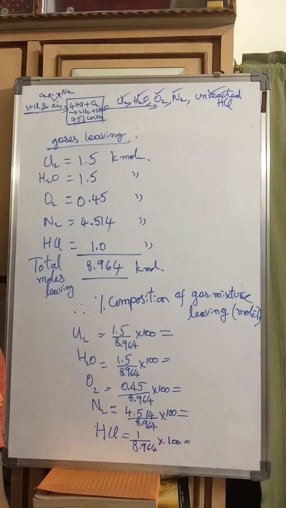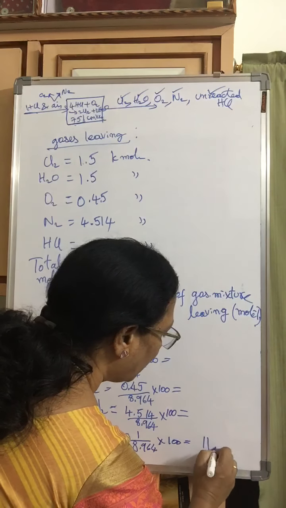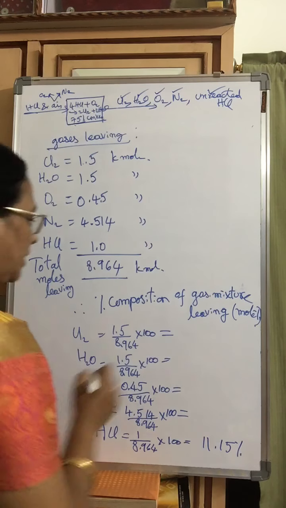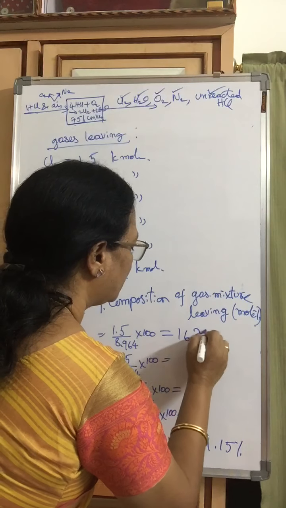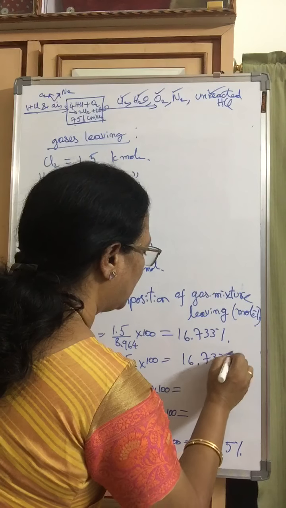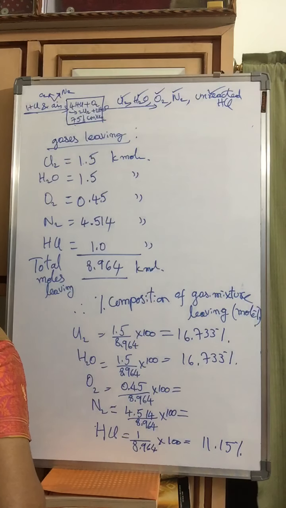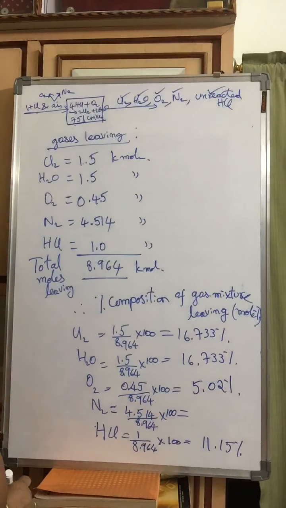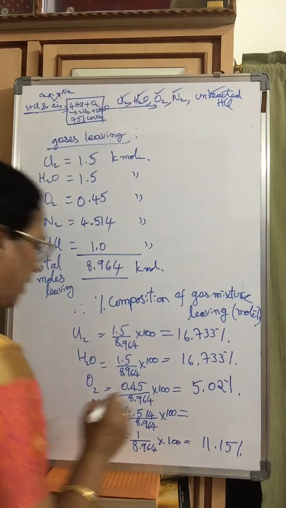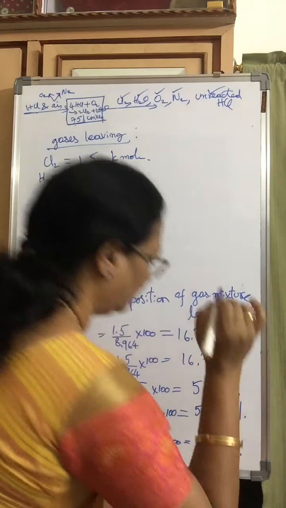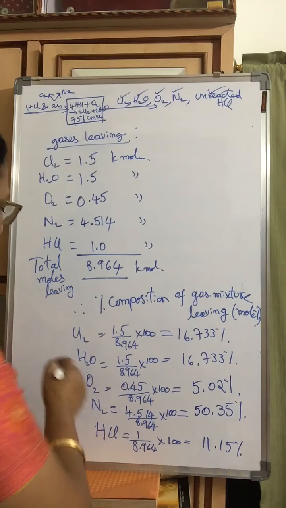That is HCl 11.15%, chlorine 16.733%, water also 16.733%, oxygen 5.02%, and nitrogen 50.35%. So this is the answer.